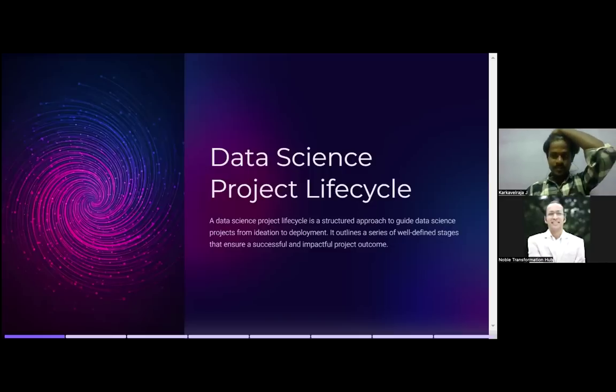Collecting data, you can do anything: primary or secondary research. But the thing is defining the right problem statement with the right objective function, what you're going to achieve, who the stakeholders are, taking approval and all. That is very, very crucial. After ideation, you will have to do that. So idea to deployment, it has a structured approach.